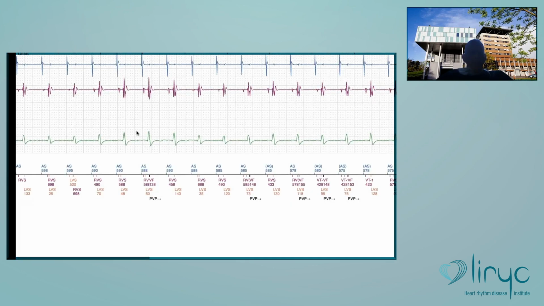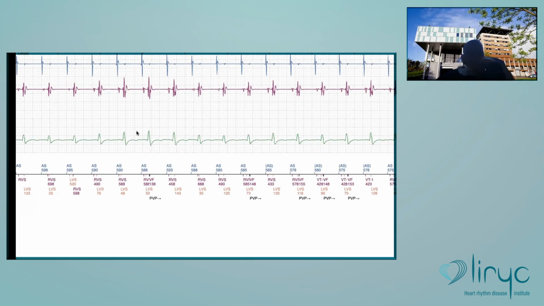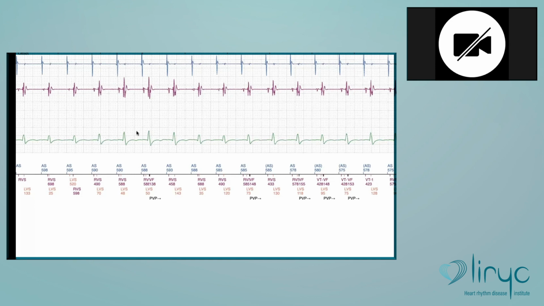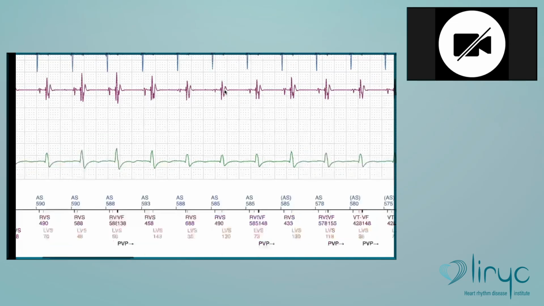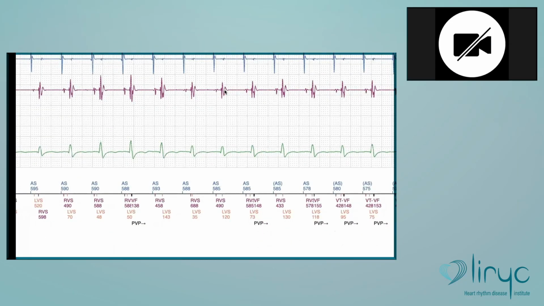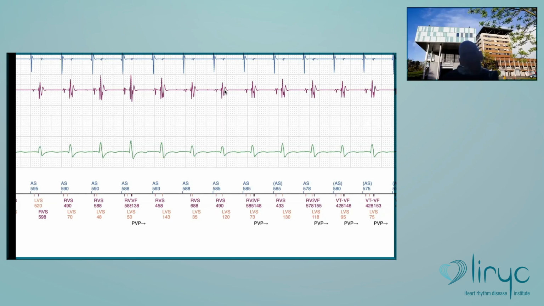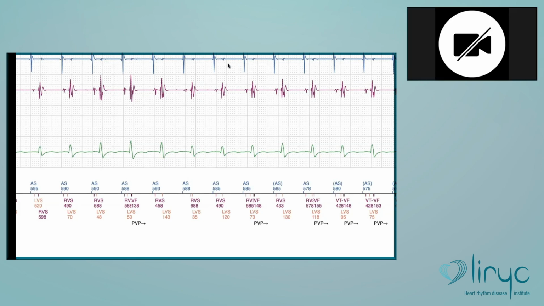What do you think here? Okay, so this is P-wave double counting, this one. Not double counting, P-wave oversensing. Sorry, oversensing. We use double counting for the R wave, okay? Yeah.